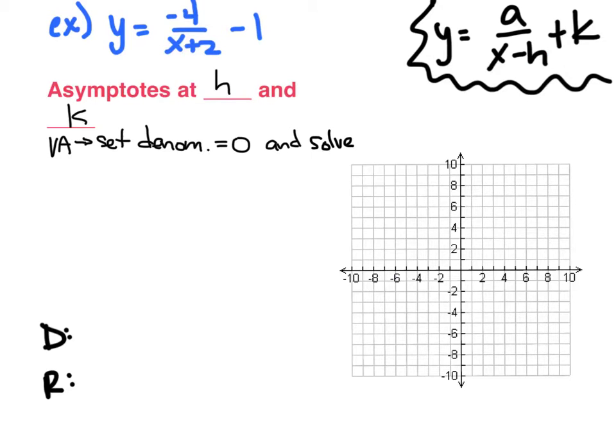So my vertical asymptote: x plus 2 equals 0, x equals negative 2. So I have a vertical asymptote at x equals negative 2. I grab my highlighter, go to x equals negative 2, and draw a vertical line.